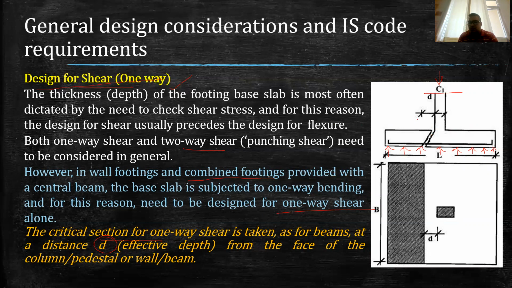IS code recommends that shear force will be maximum at a distance d from the face of the column, which means at this point the first crack in the foundation will occur because of the shear force. That point will be critical in the foundation. So as per IS code, the first crack will occur at distance d from the face of the column.